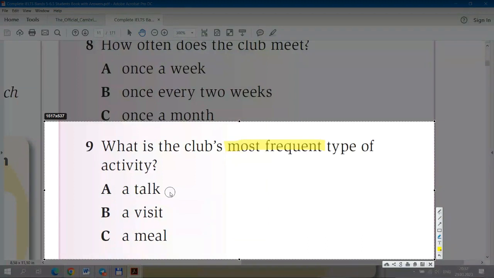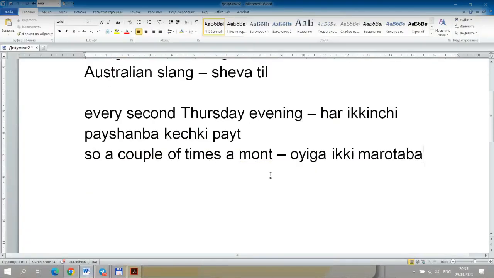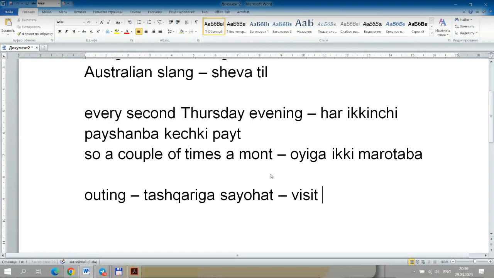About where they're from, their customs and so on. O'sha qayerdan kelganligi haqida gapirar ekan. But from time to time they do other things, outings. Lekin vaqti bilan ular boshqa narsa ham qiladi, deyapti. Misol uchun outings deyapti. Outing bu o'sha tashqariga sayohat qilish degani. Ya'ni o'sha vizitga parafraza bo'lyapti. Lekin bu narsa from time to time deyapti. Ya'ni vaqti bilan ba'zida bo'lib turadigan narsa ekan.